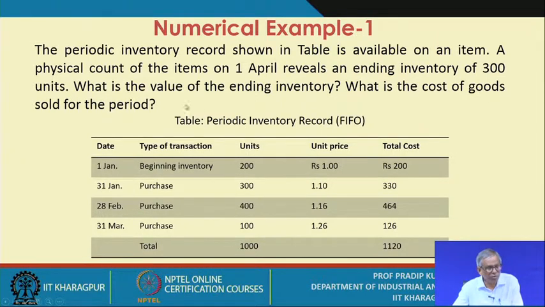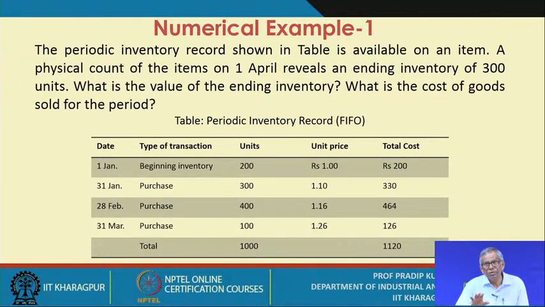What is the cost of goods sold for the period? So, these 300 units are the physical units. What you need to do is determine the value of these 300 units. While you determine the value of these 300 units, you need to select a particular unit price.